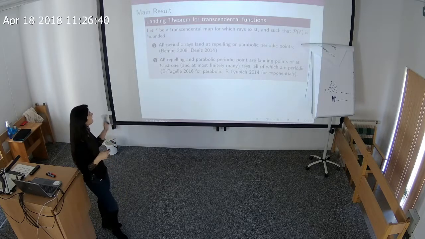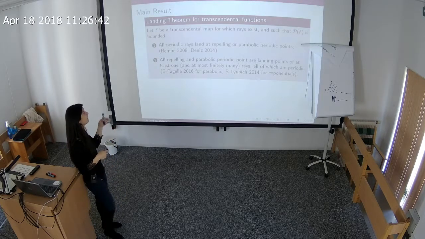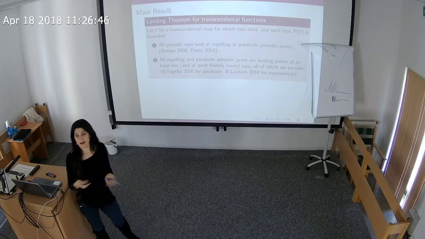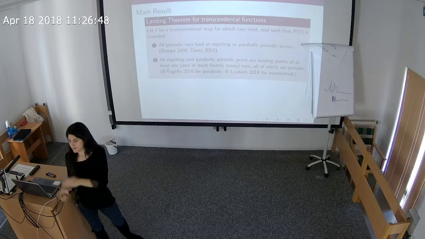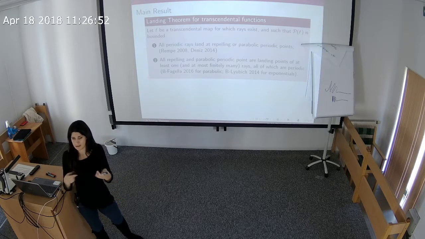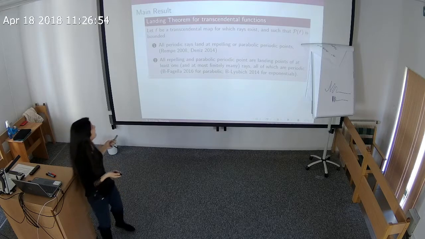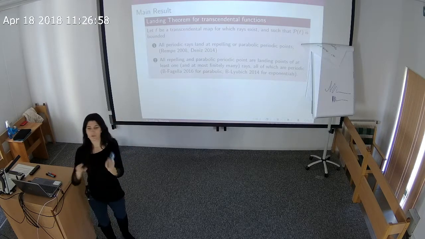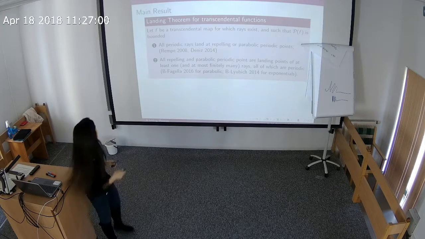In this case, it was previously known that all the periodic rays land, and where can they land? They need to land at repelling or parabolic points, because Siegel points and attracting points are in the Fatou set, so they're not accessible from the set of escaping points. And for Cremer points, there is something called the snail lemma, which ensures that you can't land there.